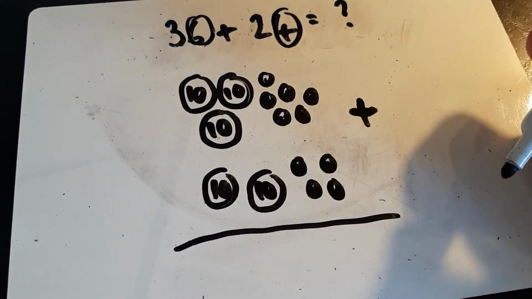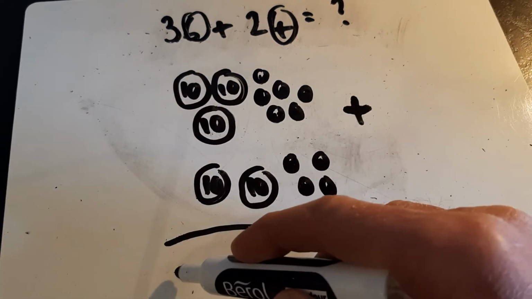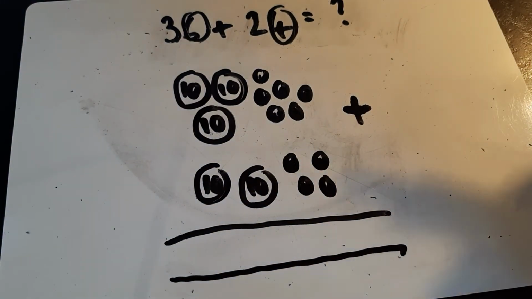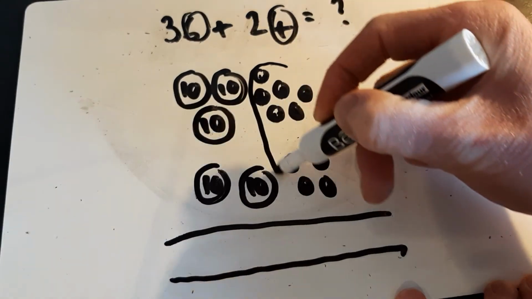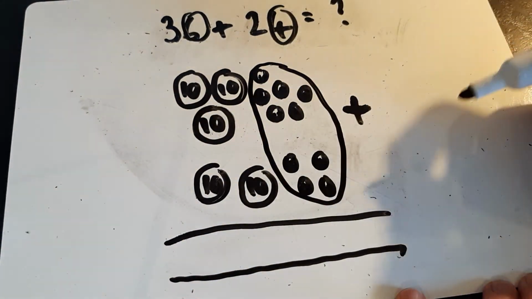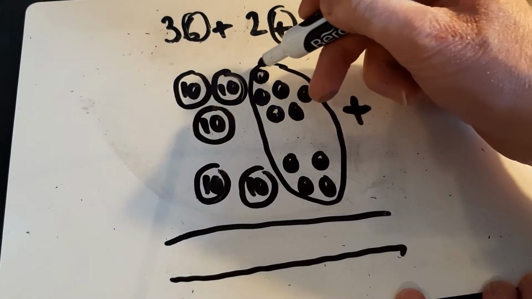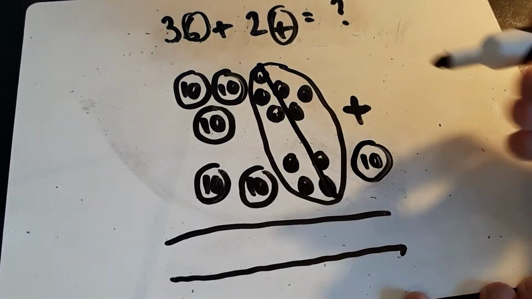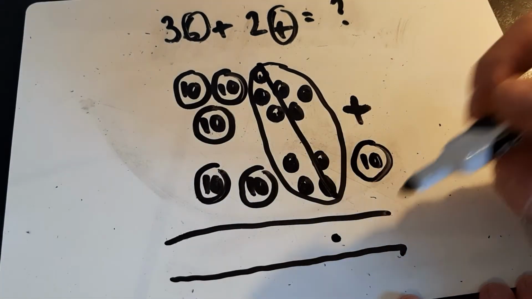Now this is where we get the issue of what some people call carrying, some people call borrowing. I prefer the term exchange, because what you're effectively doing is you are combining all of these and exchanging it for another 10 counter. So we get rid of these, replace it with one of those. But because it's a 10, it's no longer able to go in this column.